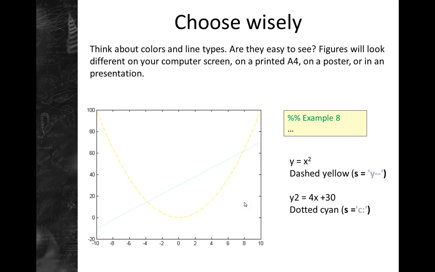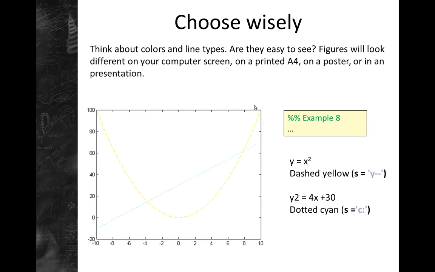The thing to remember when plotting and choosing your colors is that just because you can choose something doesn't mean you should choose something. So here I've plotted a horrible combination of colors and line types. And I stress again that this is a really bad example, and it's purposefully bad.